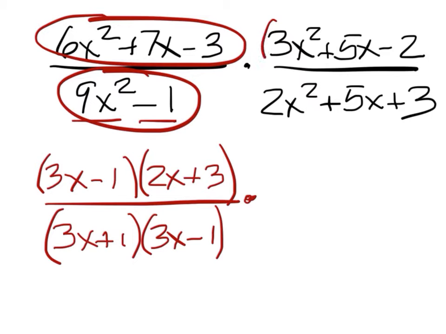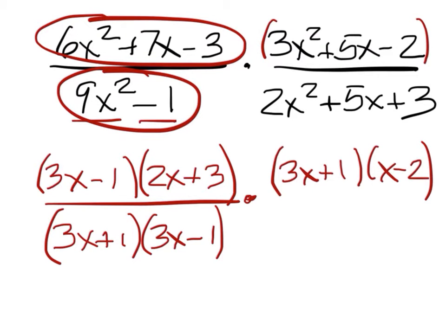So over here on this side, we have to break that one up as 3x and x. It's going to be plus minus or minus plus in the factors, but we're going to try plus 1 minus 2 and check that to see if it works. That's a minus 6x, and that's plus x.